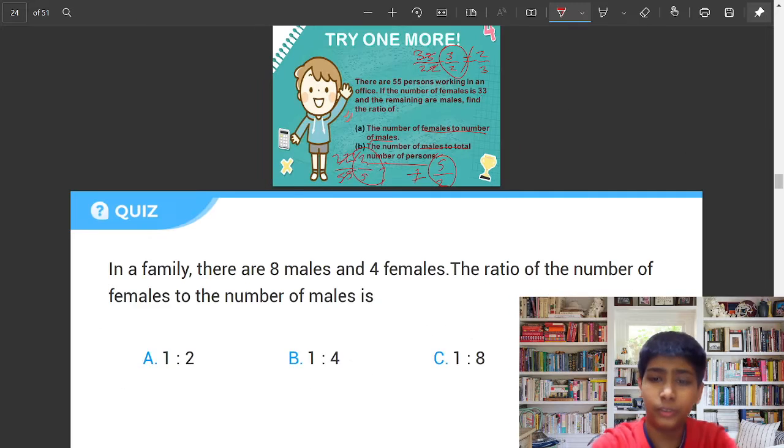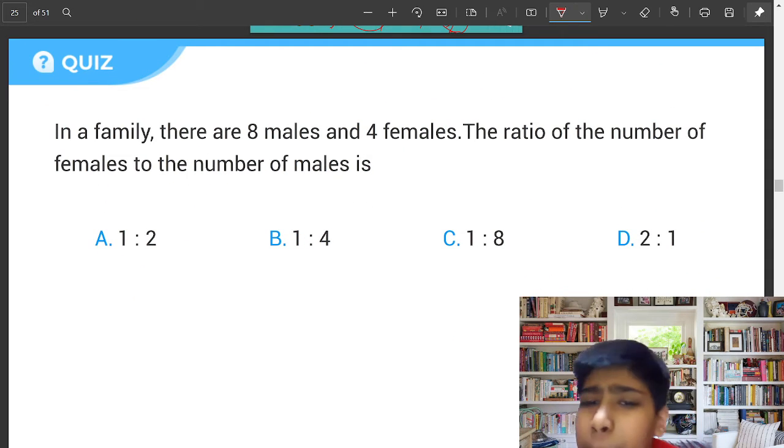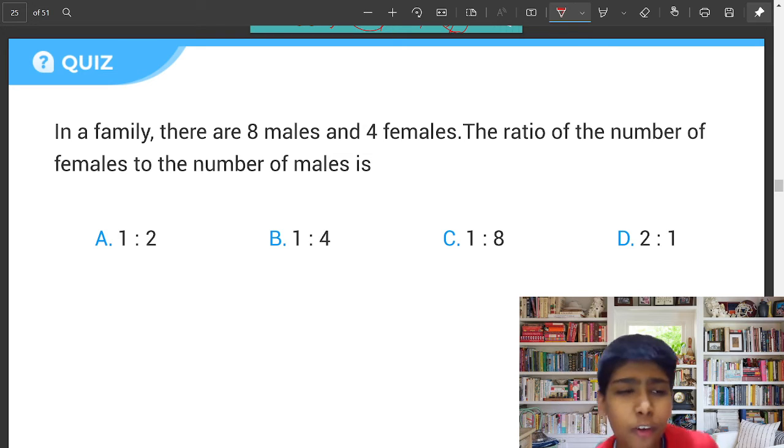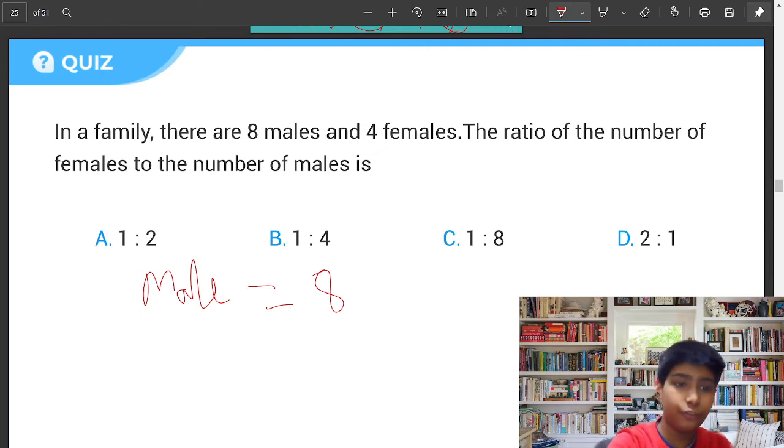So let's go on the screen. In a family there are 8 males and 4 females. Ratio of the number of females to the number of males is how much? 8 males, females equals how much? 4.